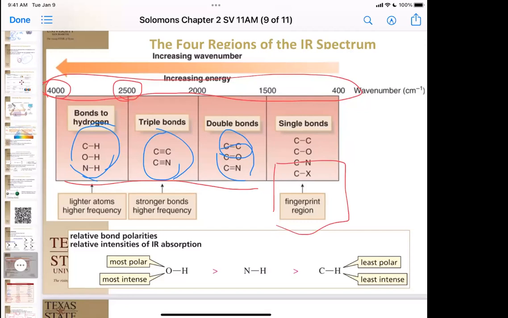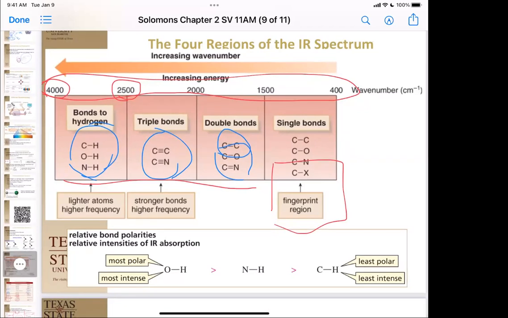So these bonds will absorb different kinds of energy, and therefore these light atoms absorb higher energy, higher frequency, higher wave number light. And then the triple bonds, the double bonds, and the single bonds. So know the zones where each of these different types go.